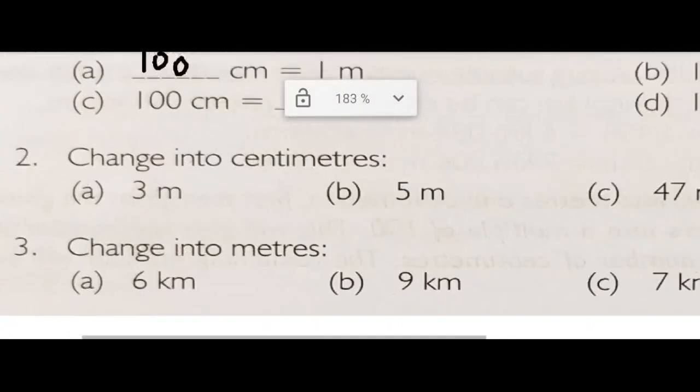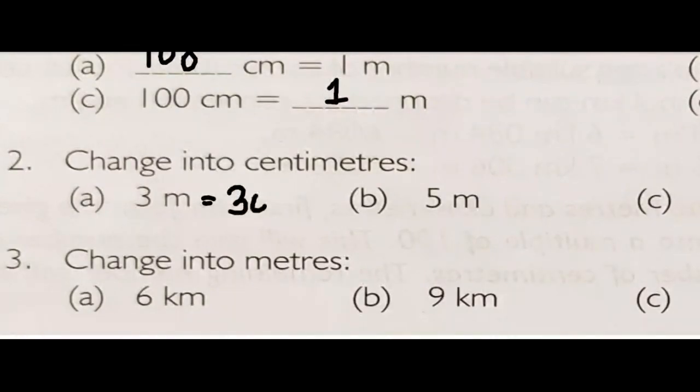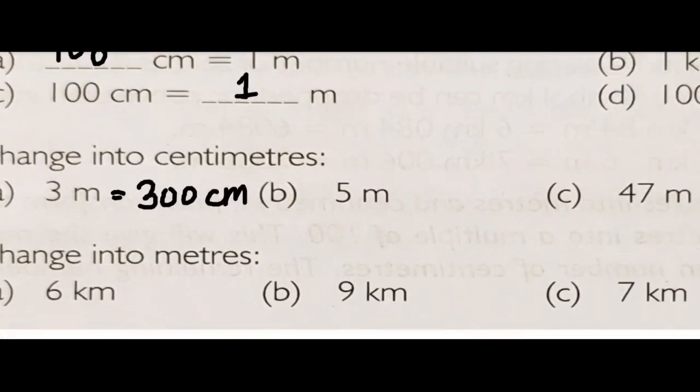Now change into centimeters. Meters are given, children. The units are given in meters and you have to change them into centimeters. So we have already learned the rule. To change into centimeters, we have to add 2 zeros after the number. So 3 is already there, so 300 centimeter. That means 1 meter equals 100 centimeters.